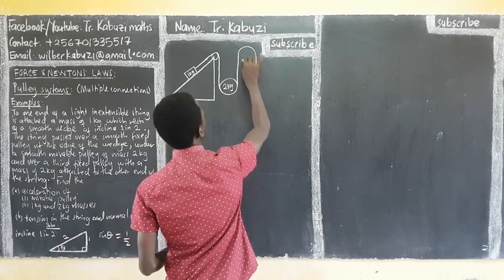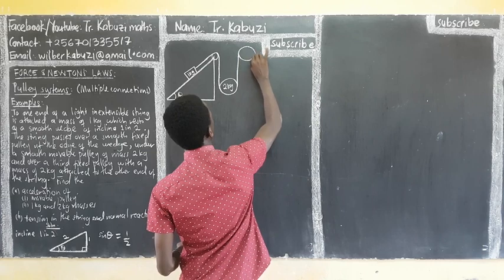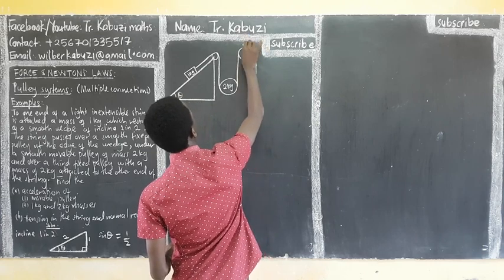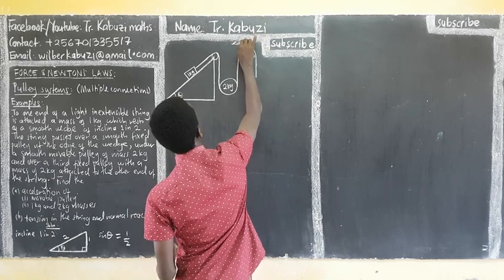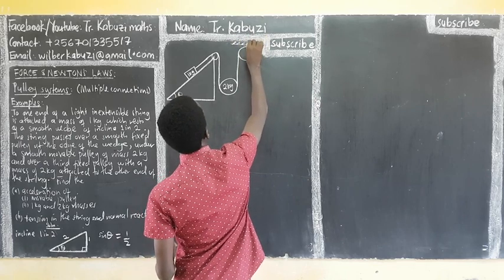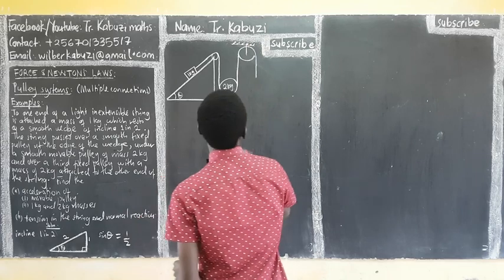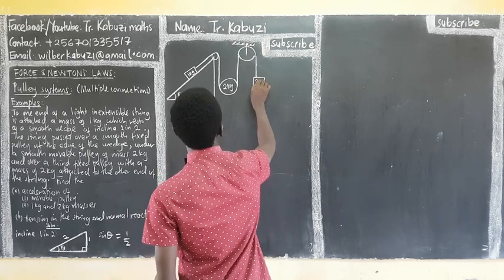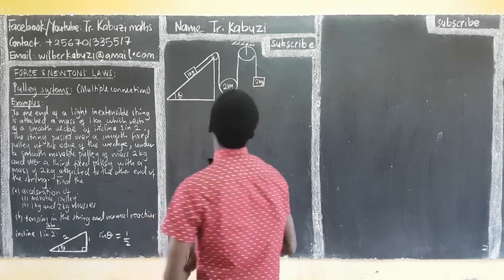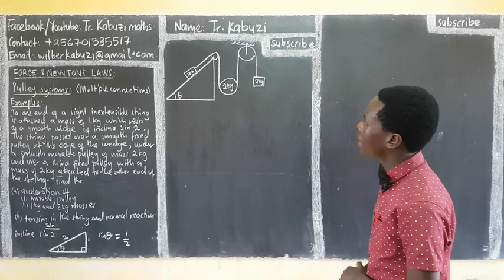So now, after passing, this is going to be our third pulley, fixed. So it's now fixed there. And here they're telling us that this one is holding a 2 kilogram mass. Then the sketch is done.